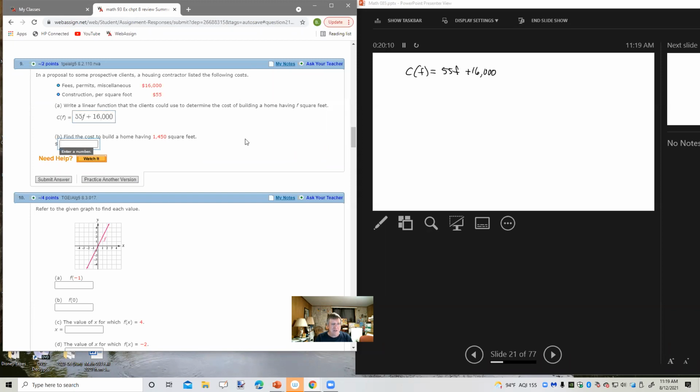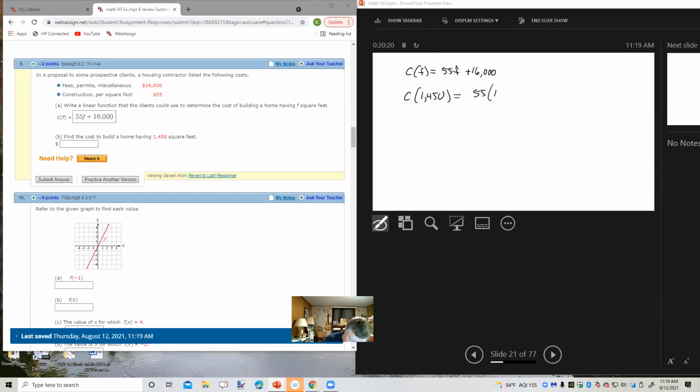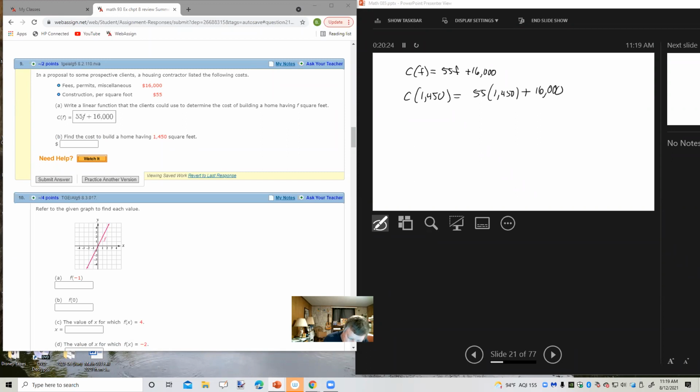Find the cost to build a home having 1,450 square feet. So C of 1,450 is 55 times 1,450 plus 16,000. All right, calculator time. 55 times 1,450 plus 16,000 is 95,750.